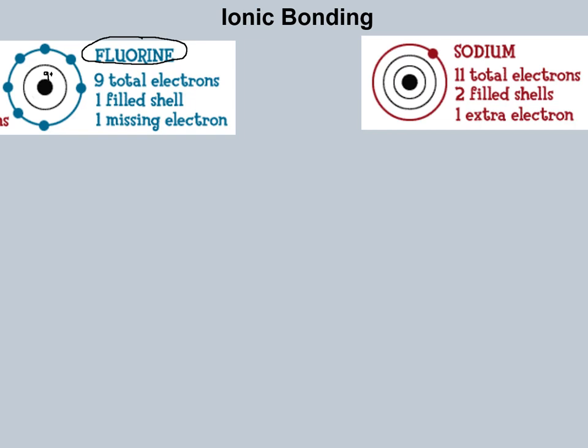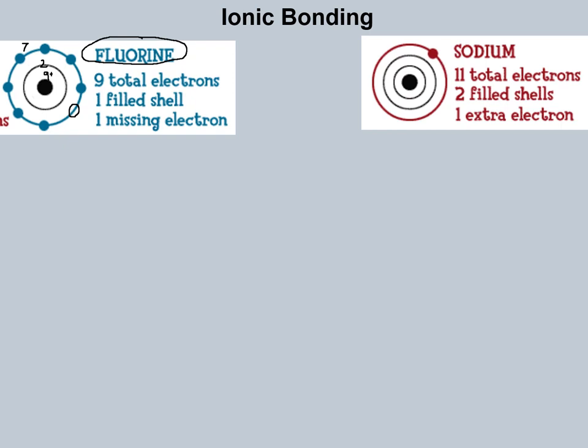Should I say, it has 2 electrons on the inner shell, and then it has 7 electrons on the outer shell. So it's missing one. It needs to pick one up to fill its outer shell. Once it's picked one up, it'll be really happy.